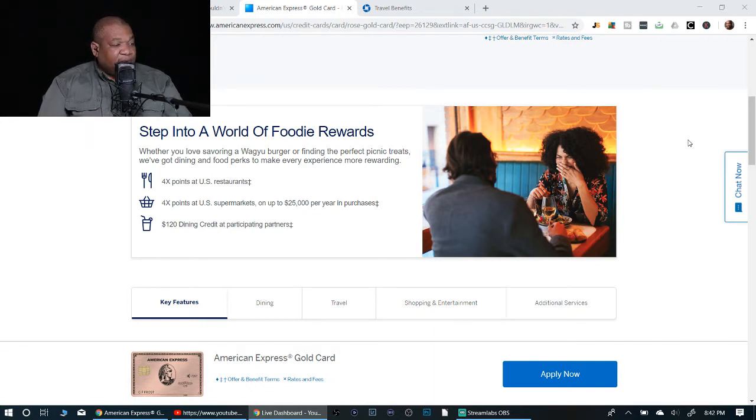That's one of the drawbacks of having this card. Although most people who would be interested in this card are probably going to be either people who like to eat out at restaurants a lot, and also people who like to travel. So if you travel within the U.S., this is a perfect card for you. If you travel outside of the U.S., you're going to want to have some other cards that complement this card.